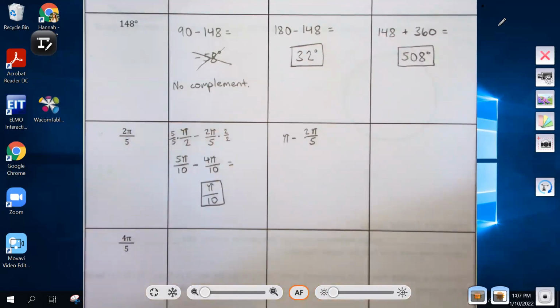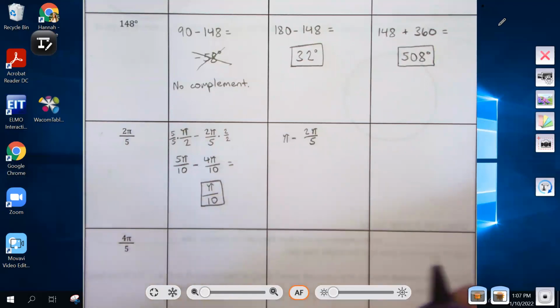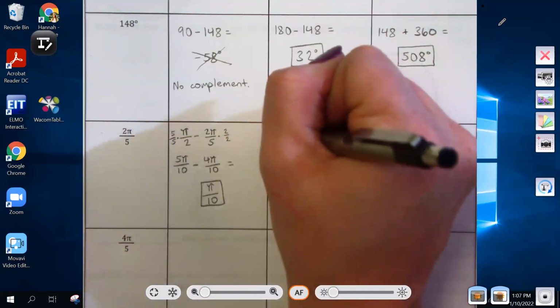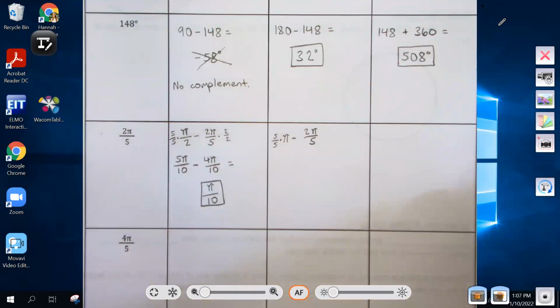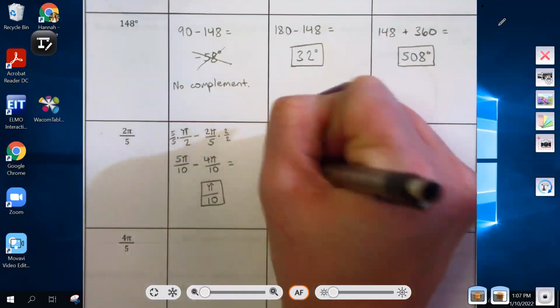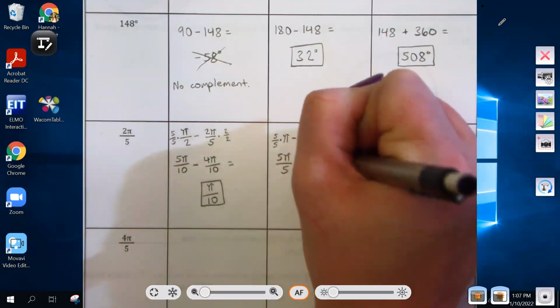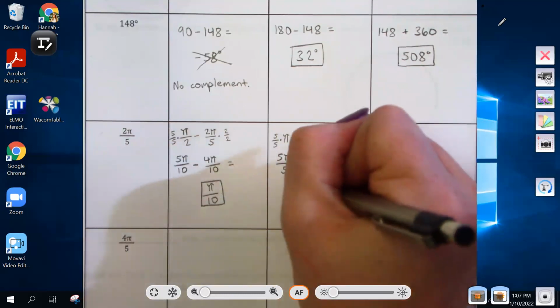Pi minus 2 pi over 5. So again, we need the denominators to match. Yep. Multiply by 5 over 5. We get 5 pi over 5 minus 2 pi over 5. 3 pi over 5.